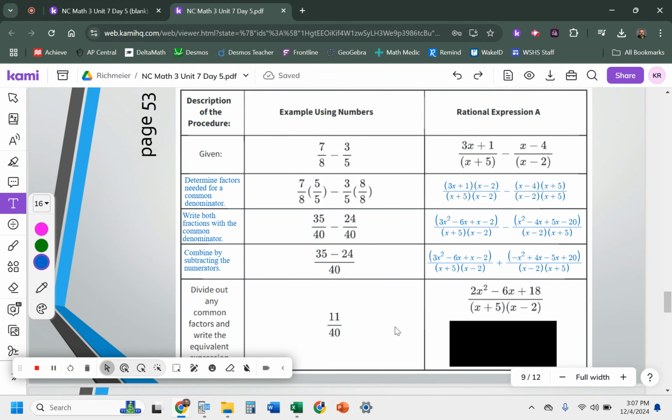And that's it. We have finished the standard we set out to do. And by now, with some practice, I believe you will be able to simplify rational expressions, multiply two rational expressions, divide two rational expressions, add two rational expressions, and subtract two rational expressions.